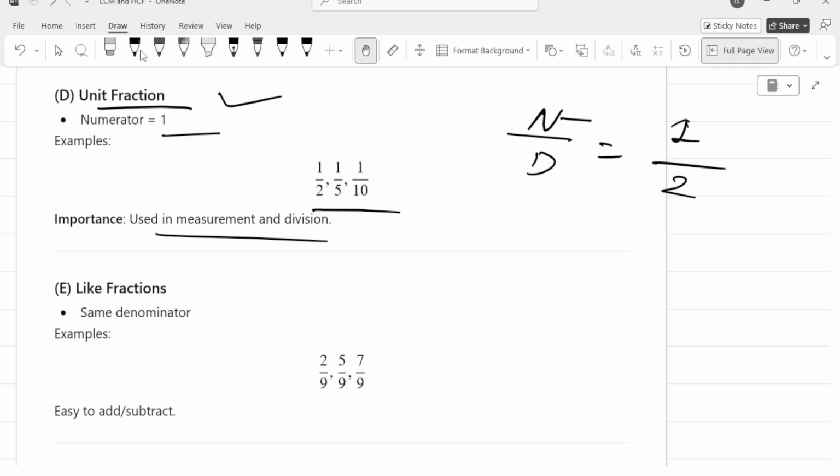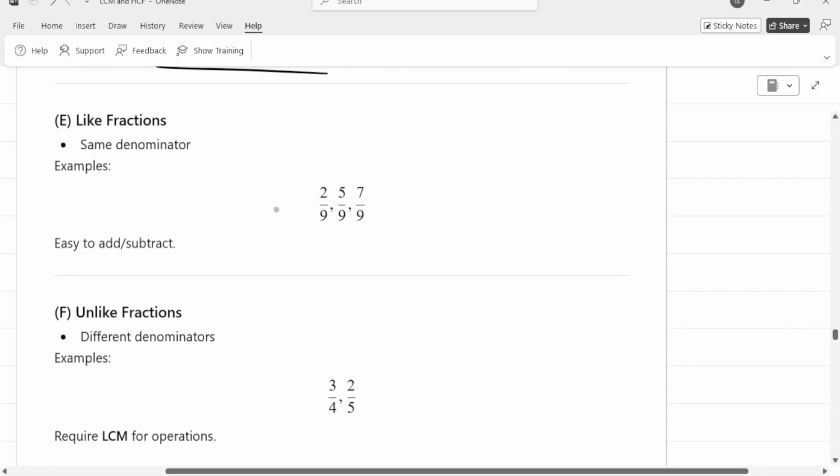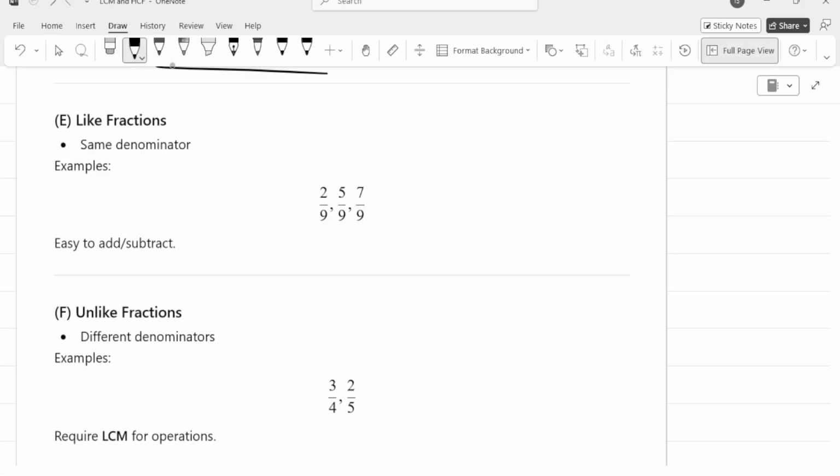Now like fraction. Like fractions have the same denominator. For example, 2 upon 3 and 5 upon 3.